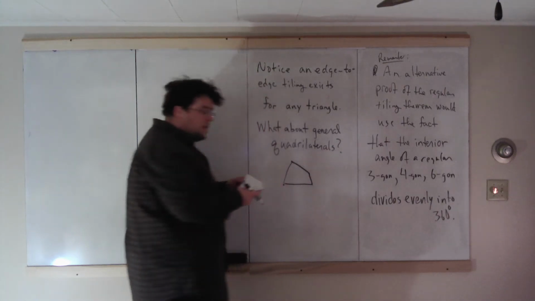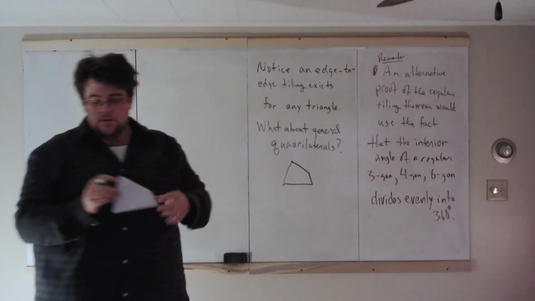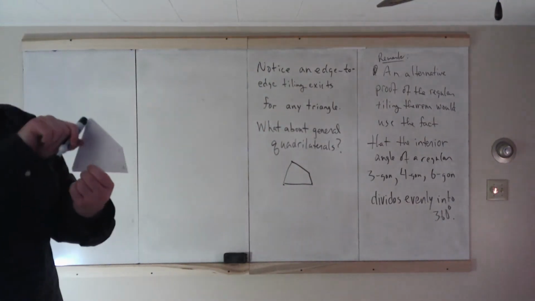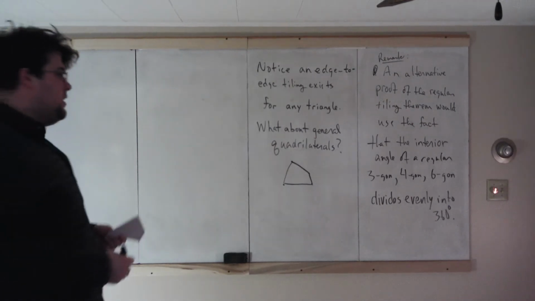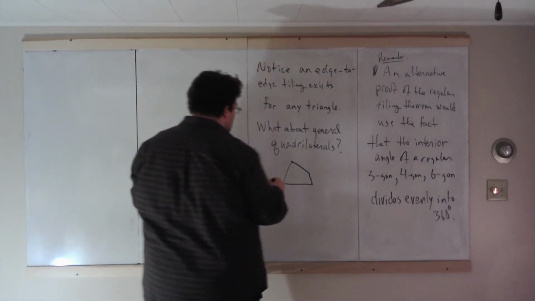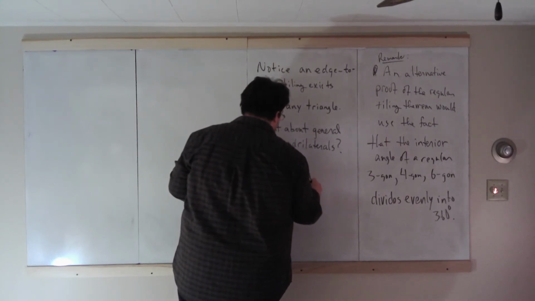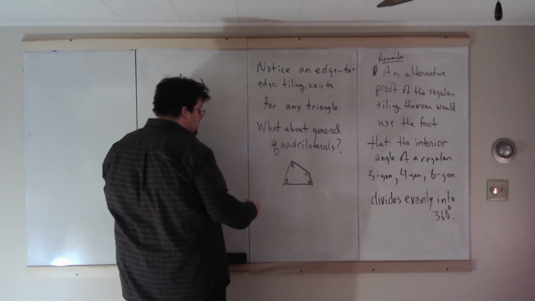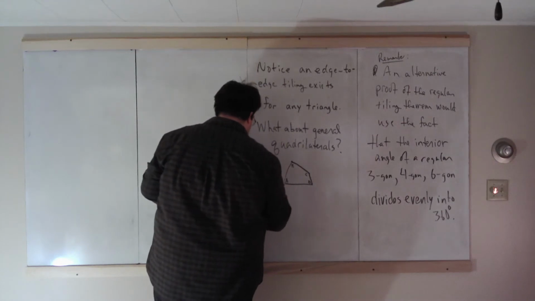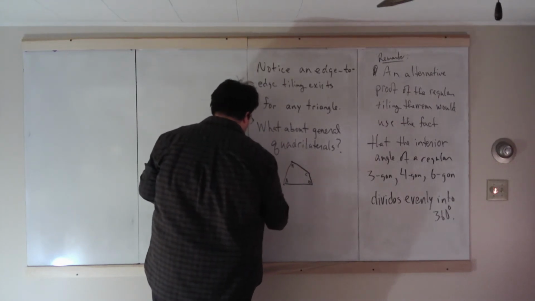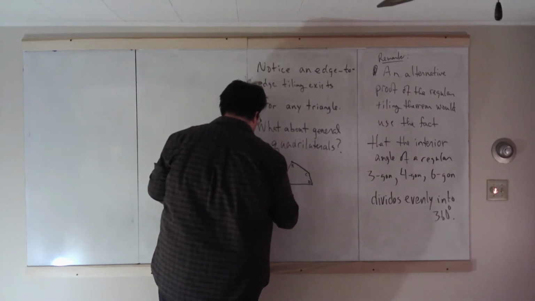And also on this I did label these angles A, B, C, and D because we're going to be keeping track of the angles and the sides. So here's a general quadrilateral. Here's A, B, C, and D. And we're going to recall, it's more of a recollection than a notice.